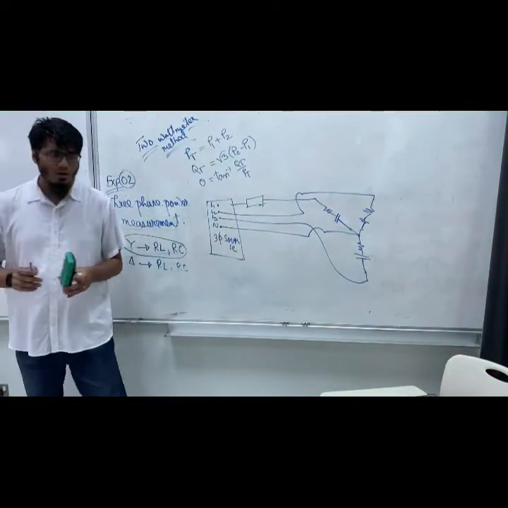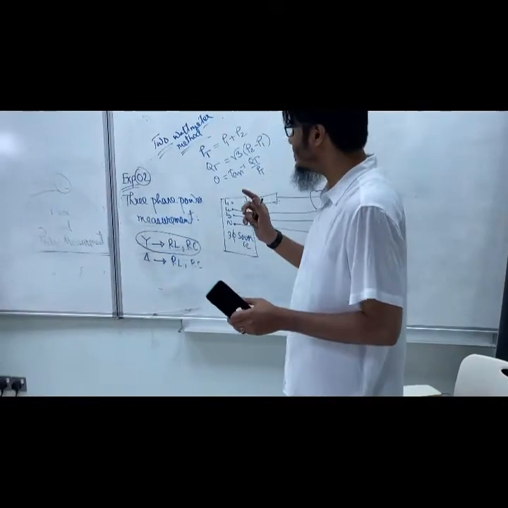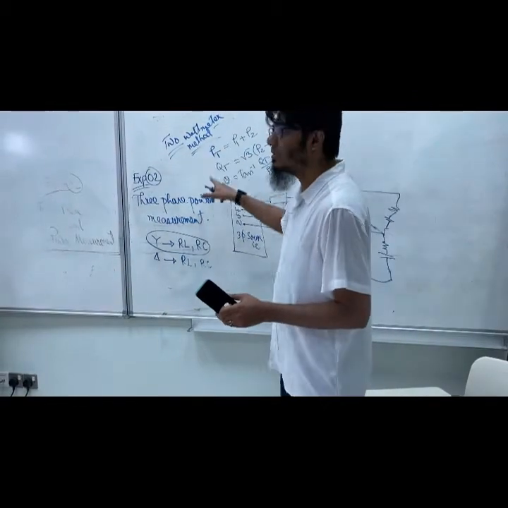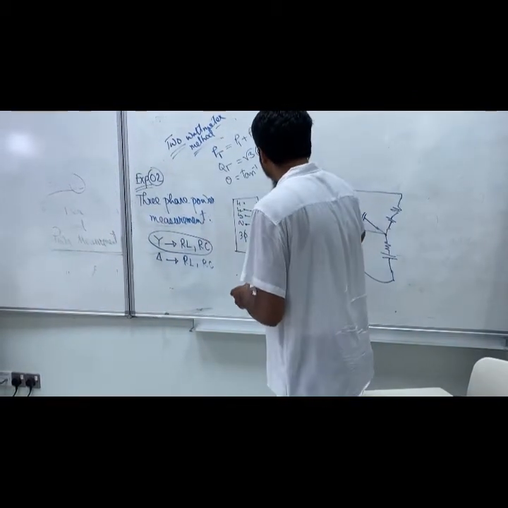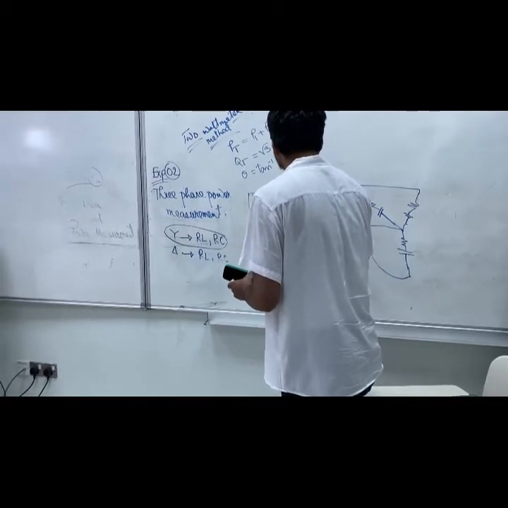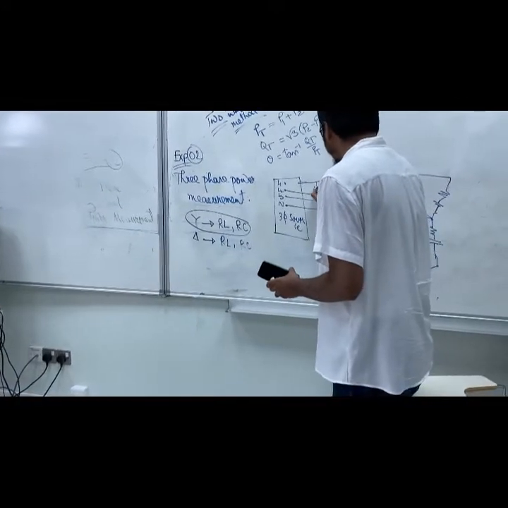Yes. Now, where will the KCLab come into act here? This is the main question. Can you remember how we do the 2 wattmeter method? In order to do it, we need to measure current here by putting an ammeter, and voltage here between these 2.